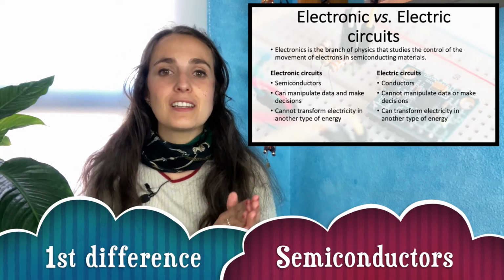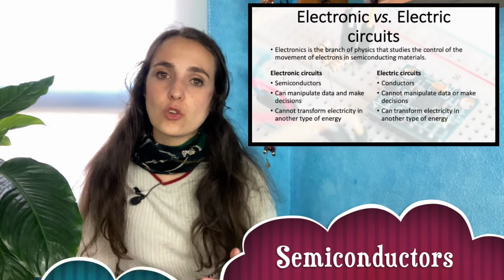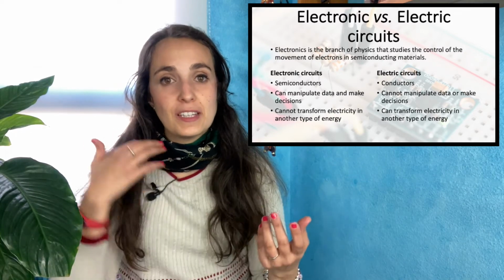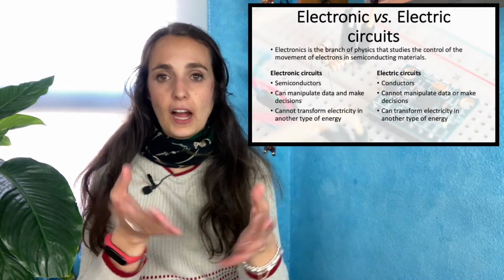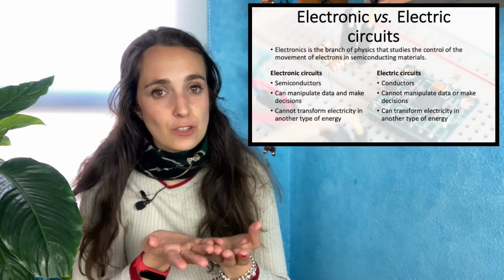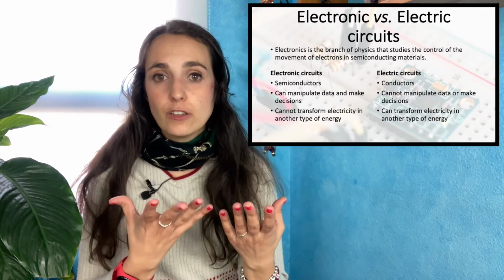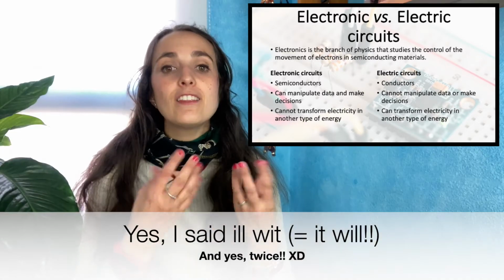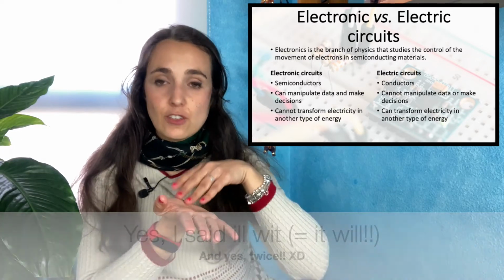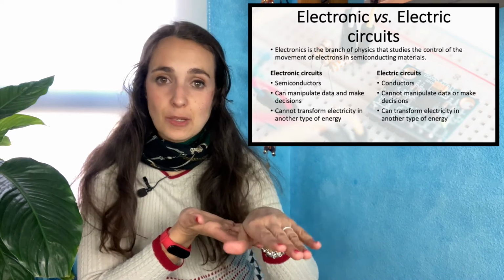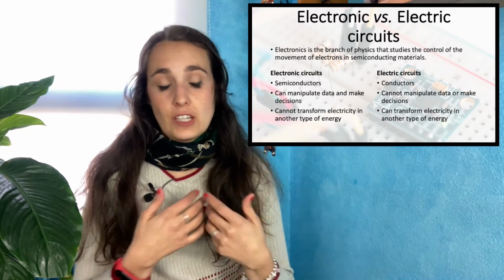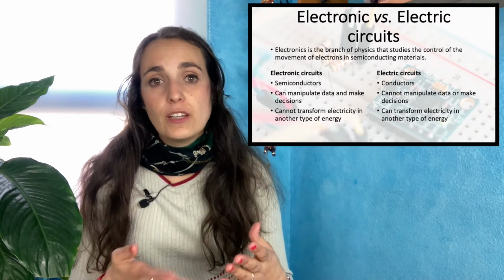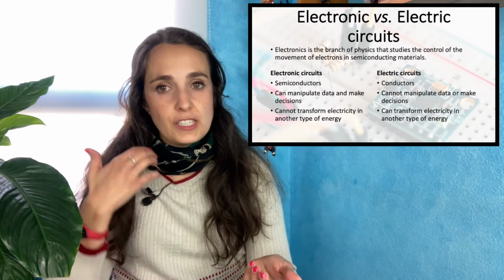It's a material that can act as a conductor or isolator depending on the condition, and that condition is the electric field around the semiconductor material. If there is an electric field, it will induce electricity, and the electricity will pass through that semiconductor material. And if we don't induce it, and there is not any electric field, it won't conduct electricity.